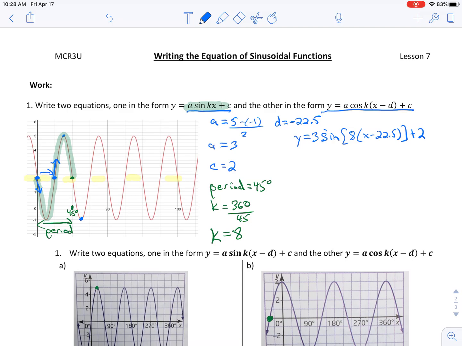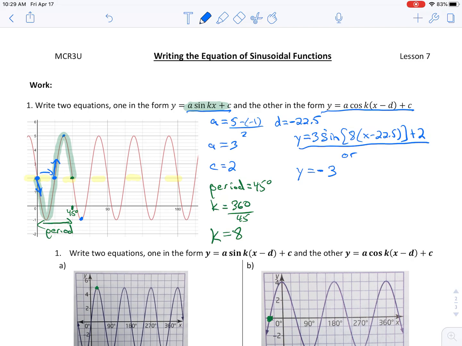But notice here they've said don't have a shift. So one thing you can do, and this is equivalent, this right here is correct, but not for what they've asked for. You could have another one where you actually start by going down. And the way to do that is to make this a reflection over the x-axis. In order to do that, you make the amplitude negative, or you change the A value.